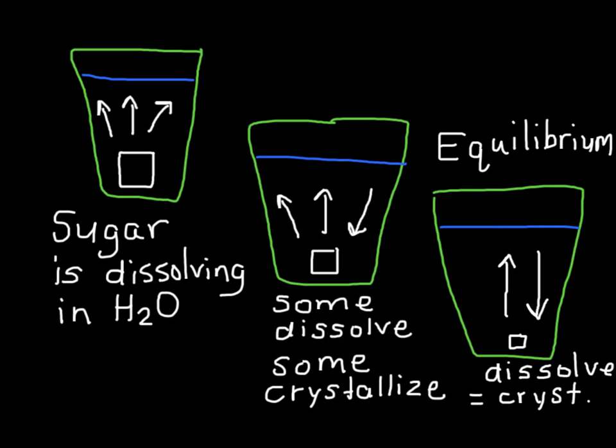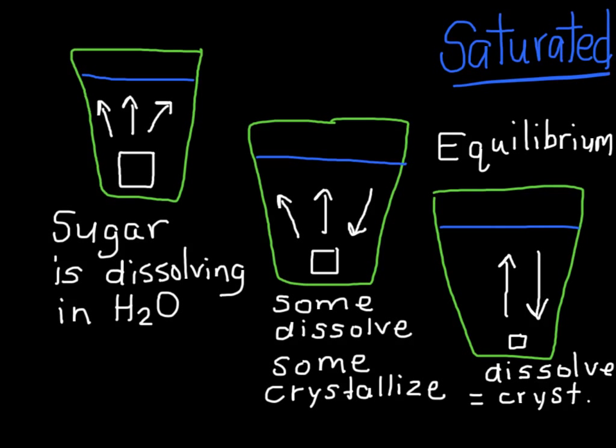And, as you have hopefully guessed, this third picture is where your solution is saturated. This third picture is saturated. The first one and the second one are both unsaturated.